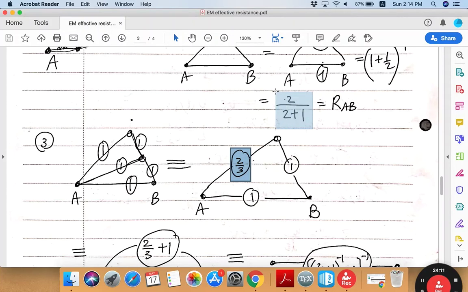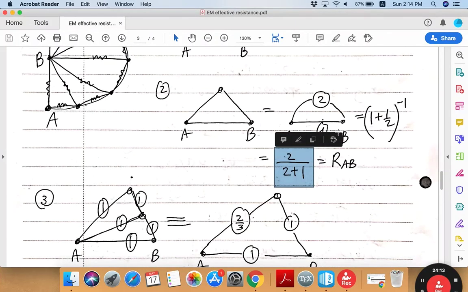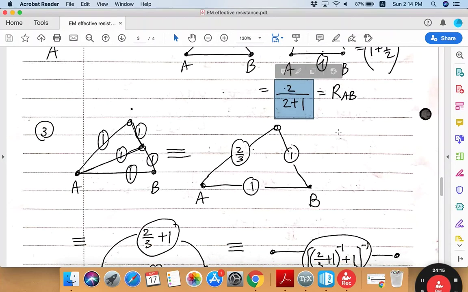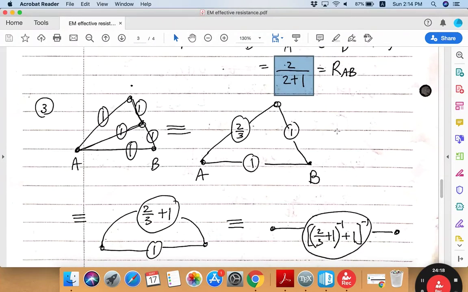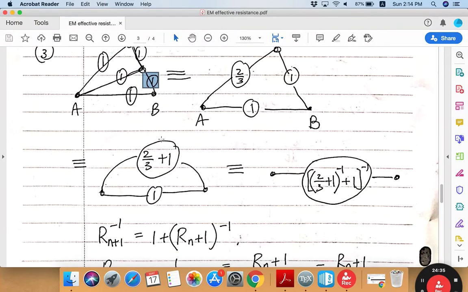That's basically the conclusion that we got from this exercise. So now this 2/3 resistor is connected to this 1 resistor in series, so you just have to add the 2/3 with 1 here, and that overall resistor, which I drew in this simple fashion, is connected to a resistor 1 in parallel.